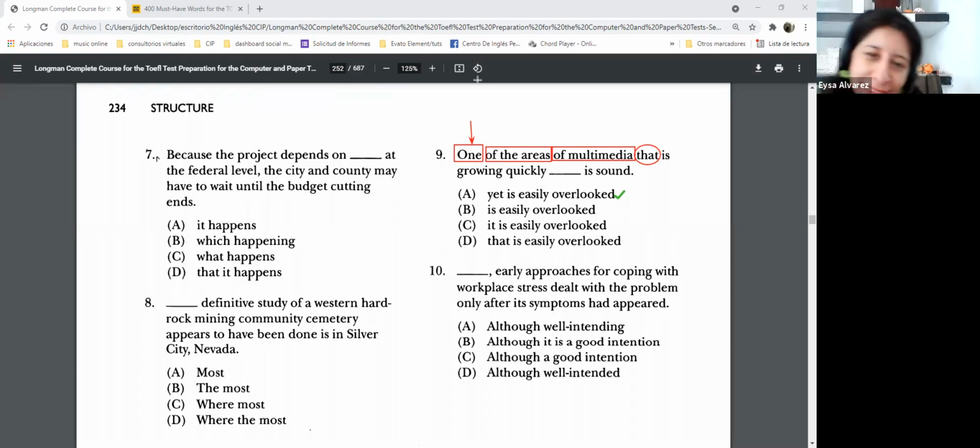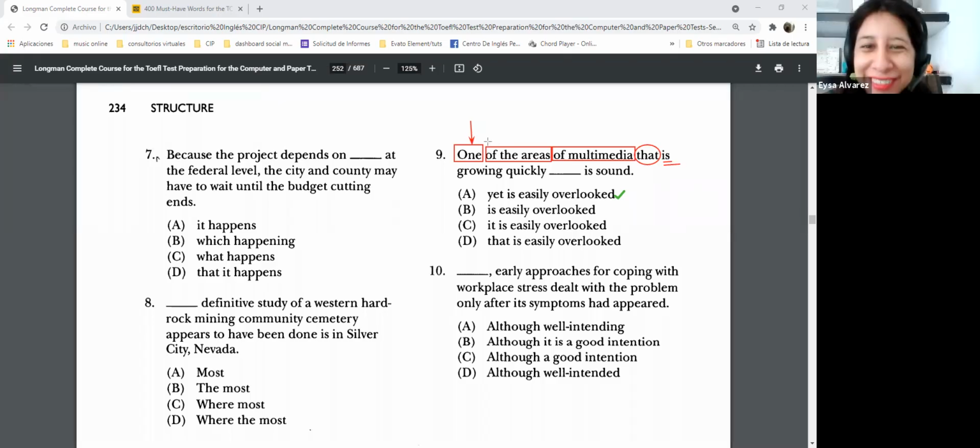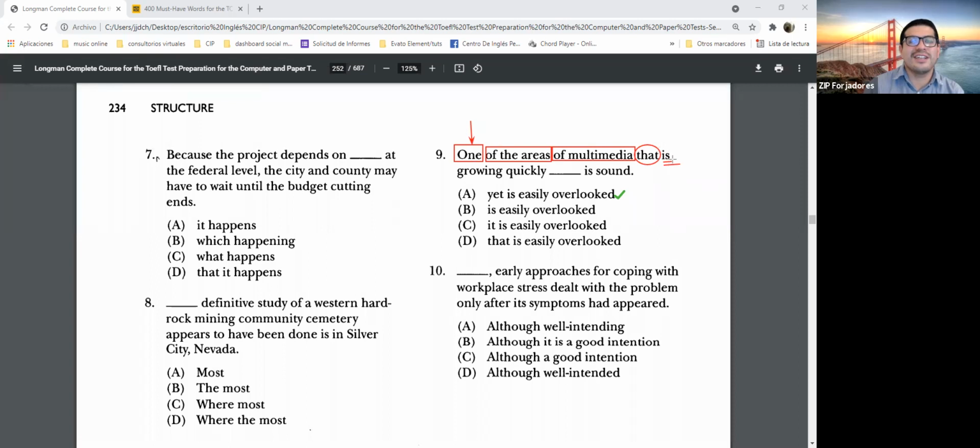The subject of that, this is the subject, this is the connector, this is the verb of that. And growing is part of the verb, is growing, from the adjective clause.